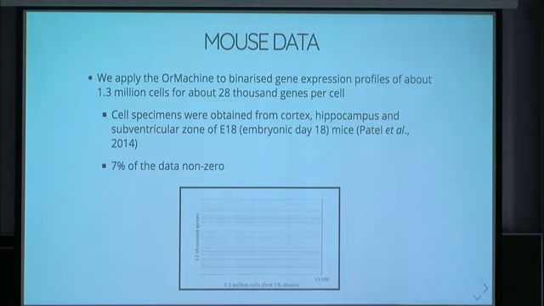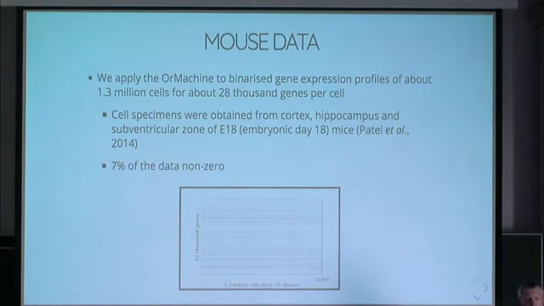We reduced that down to about 11,000 or so, for genes that were showing reasonable levels of expression. The cell specimens are obtained from the heads of embryonic mice, the cortex and hippocampus at day 18.